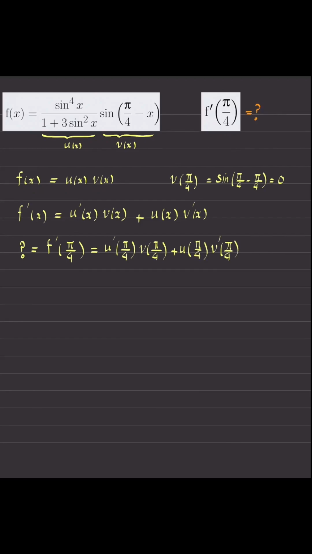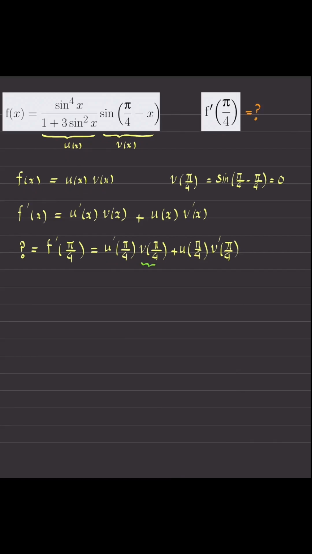Okay, so if I ask you the derivative of which one of these functions is harder to obtain, of course the derivative of u is hard. But it appears here, multiplied by v of pi over 4, which is indeed equal to 0.